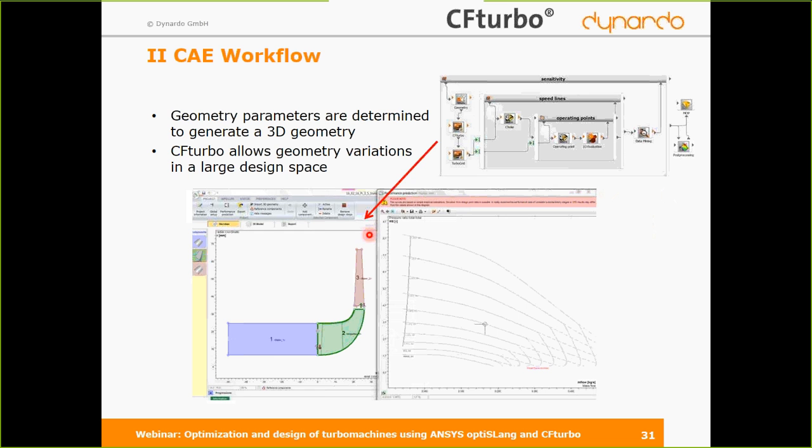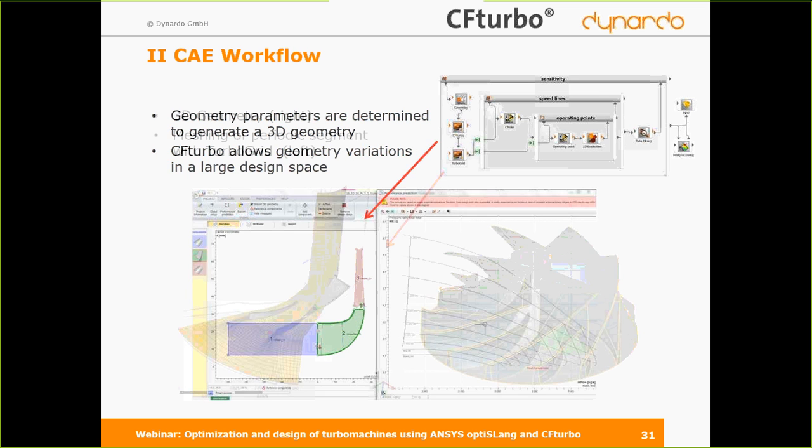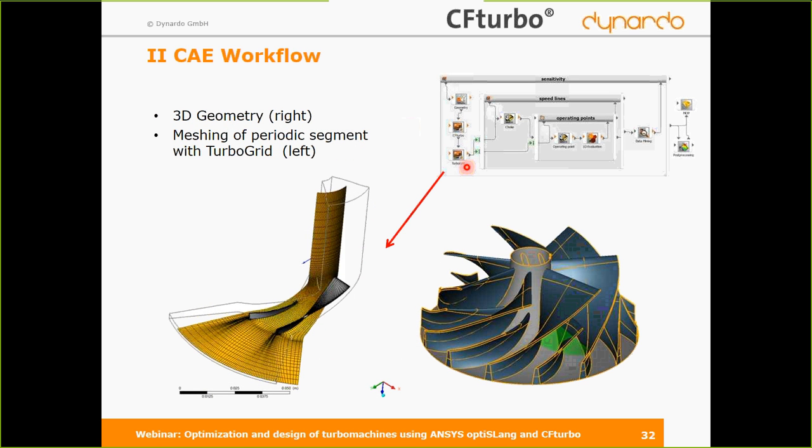At the beginning, there is a geometry generation, which is done by CFturbo, and CFturbo allows geometry variations in a large design space. So this has been done. The next node is then here the meshing. It's done with TurboGrid, and as you can see, we use periodic segments.